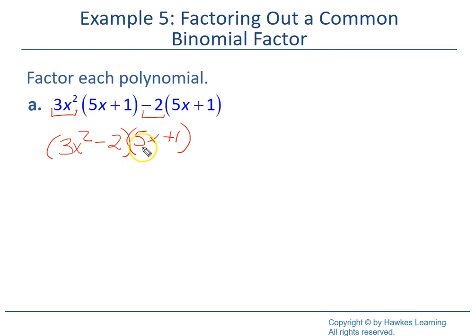Now keep in mind, a few lessons back, we said if we had something like this, we would take this first term and multiply it by this, which is what we have here. Then we would take this second term and multiply it by this, which is what we have there. Okay?